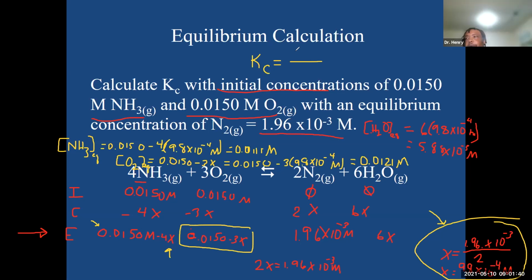So what are my products? Your products are N2 to the second power, and then H2O to the sixth, over NH3 to the fourth, O2 to the third.